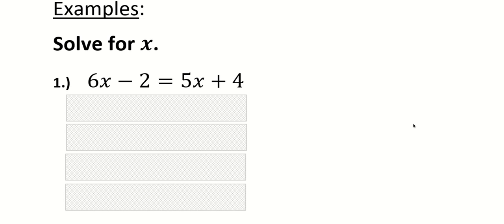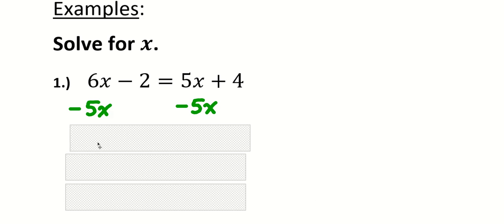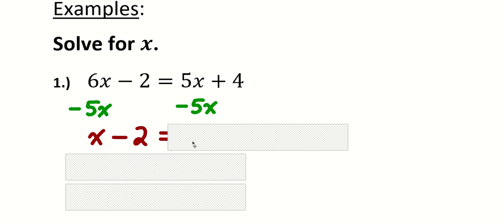Go back and watch certain parts again. Alright, so over here on the left side we have an x, and over here we have an x. So we have to move one of them. If we're moving the smaller one, we have to do that first, which makes the left side now 1x.